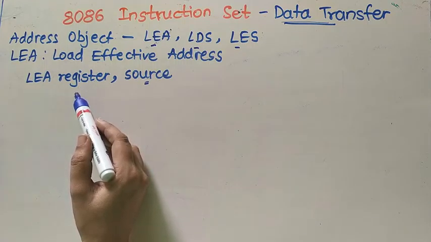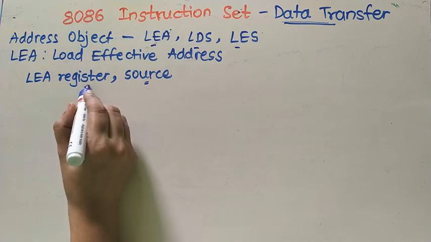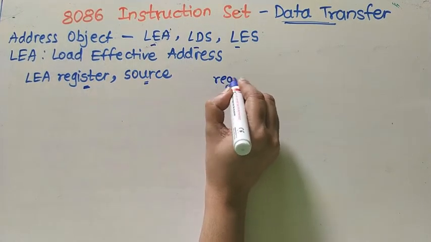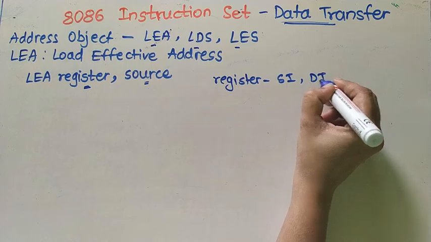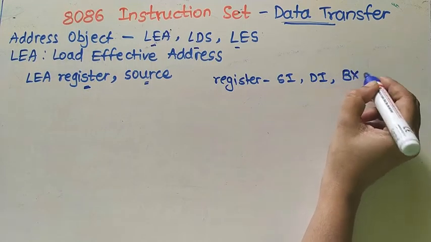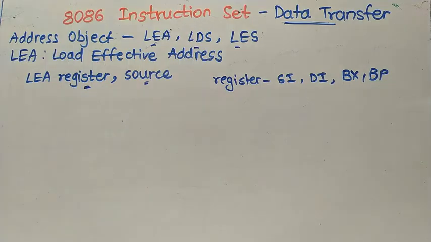Generally the offset is loaded into an index register. These registers are nothing but SI, DI, BX or BP. These four registers are used in the register place.